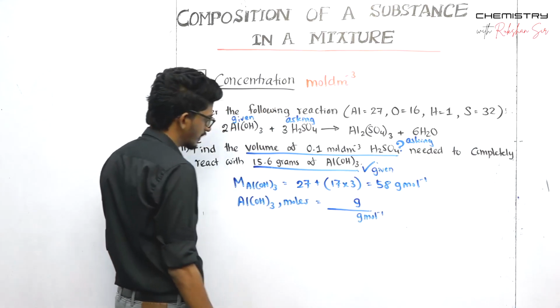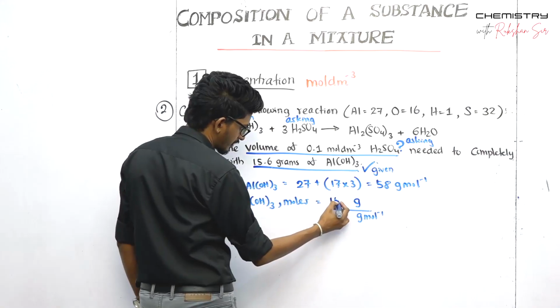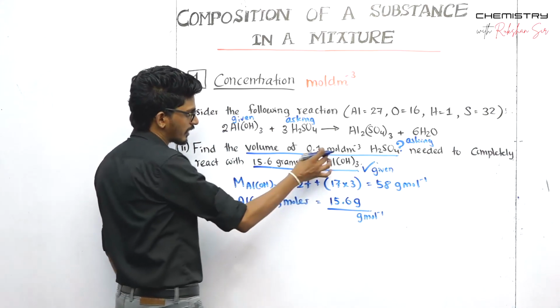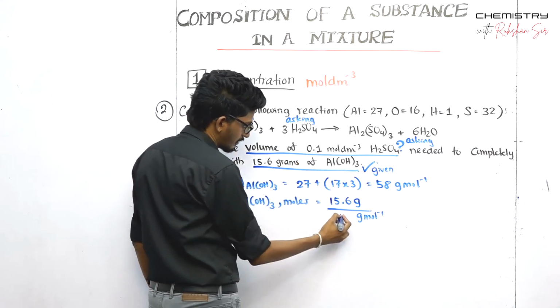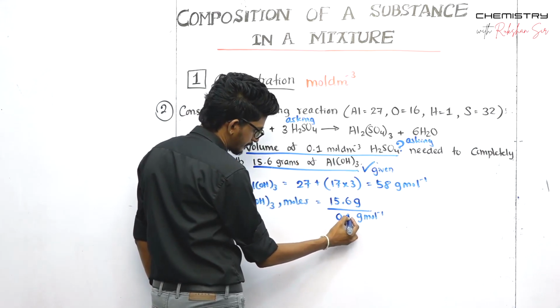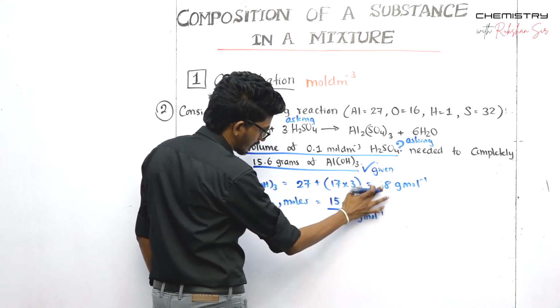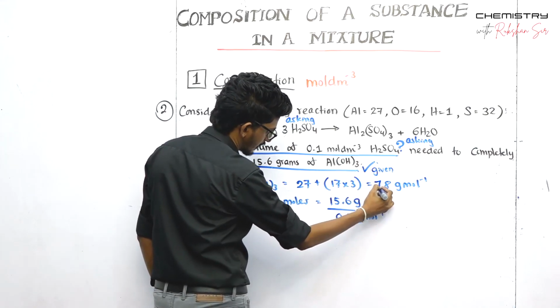So 15.6 g should be divided by the g mole minus 1 value, so that is 0.2. Sorry, what we have calculated is 78.